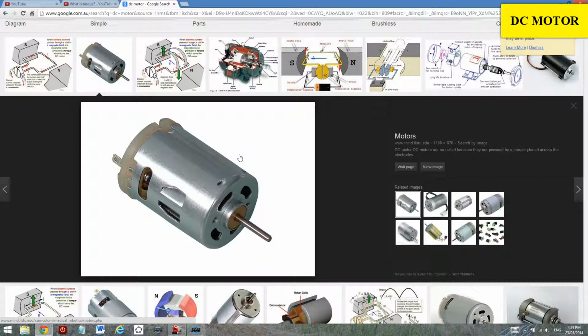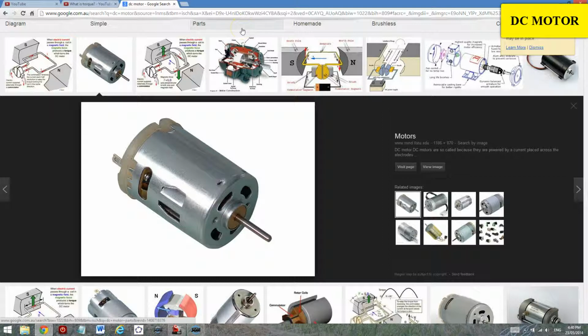And what does a motor do? A motor rotates. If you connect it with a battery, it rotates. Basically, it is the motor you find in most toy cars. What we're going to do today is introduce the basic concept of a DC motor.